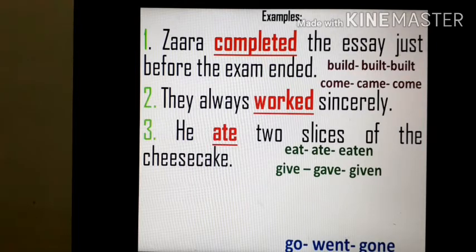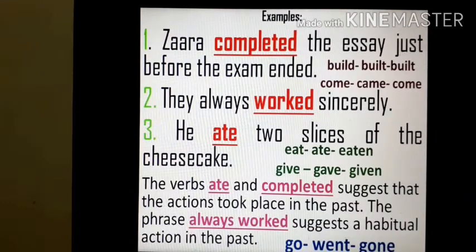These types of verbs are called irregular verbs. There are no rules for making the past form of these verbs. You have to memorize the correct forms, and there are many more irregular verbs apart from these on the screen.